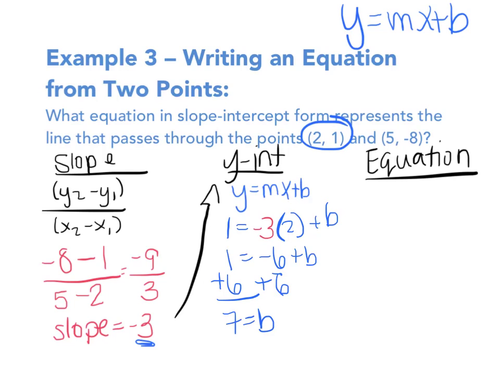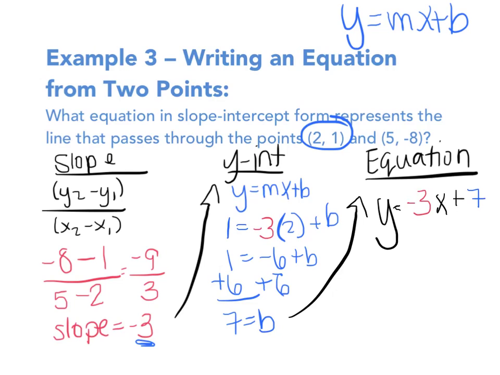So now I have my y-intercept, which we just found, and my slope. So I can plug that back into the equation, and I get y equals our slope of negative 3, I got to put the x there, plus our y-intercept of 7. And that's my final equation.